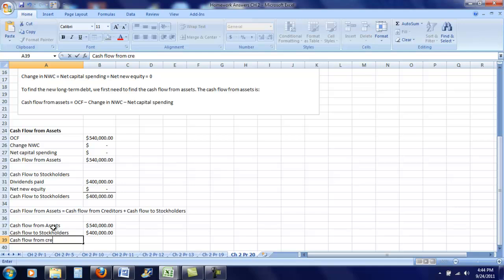So our cash flow from creditors equals cash flow from assets minus cash flow to stockholders.